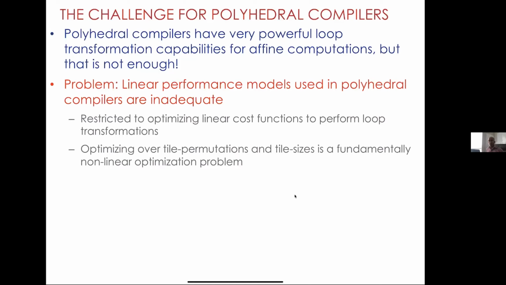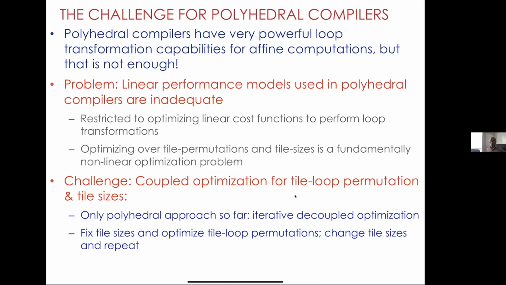A fundamental problem with the current state of the art in polyhedral compilers is that they internally use linear performance models. And so they are restricted essentially to optimizing linear cost functions to perform loop transformations. And optimizing over tile permutations and tile sizes is fundamentally a nonlinear optimization problem. And therefore, this is a challenge.